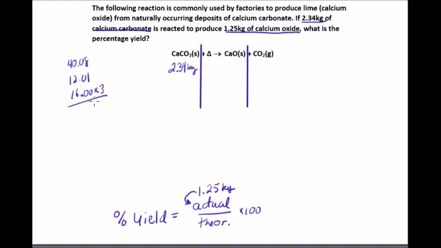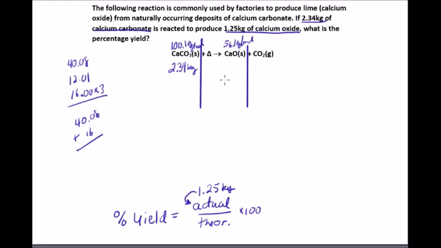So if we add that up in our calculator, we get basically 100.1 grams per mole. Okay, for calcium oxide, it would be 40.08 plus 16, so you're looking at 56.1 grams per mole.